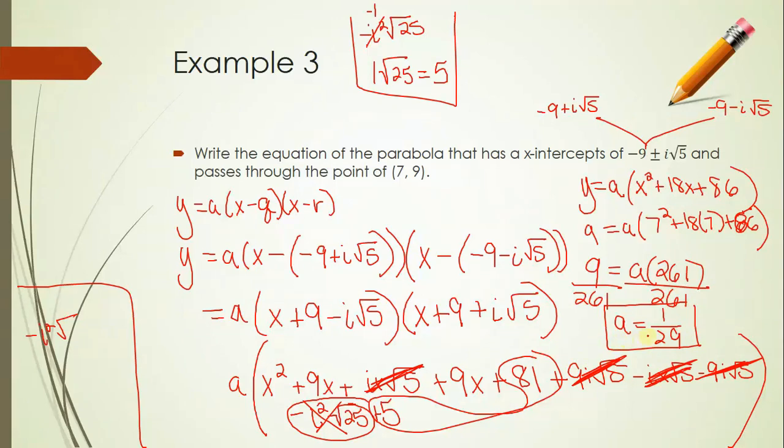So I'm going to take that and pop it right in there. My final answer is f of x equals, and I'm going to distribute that 1/29th in as well.